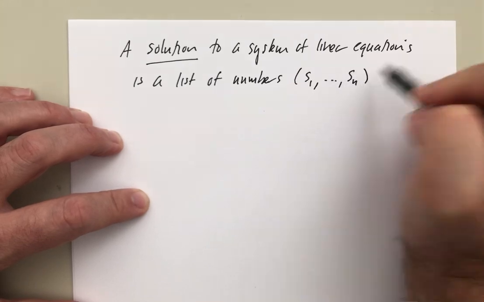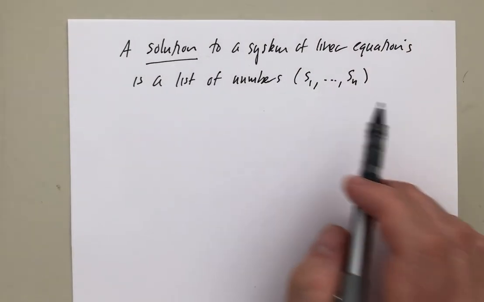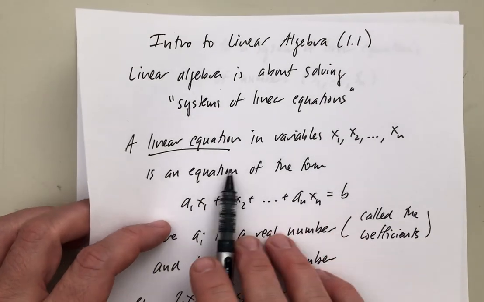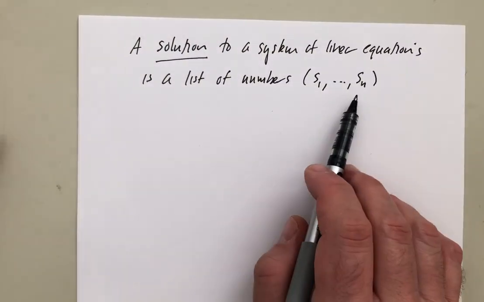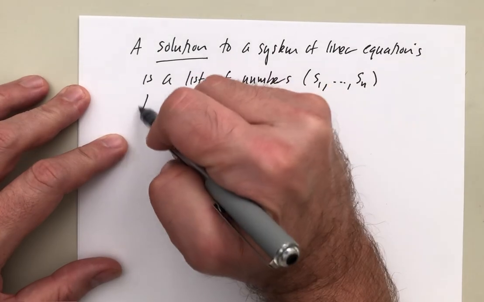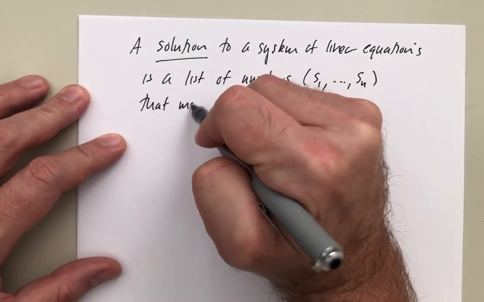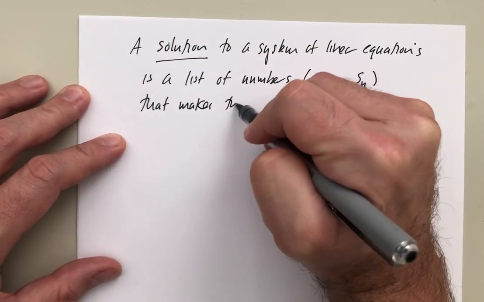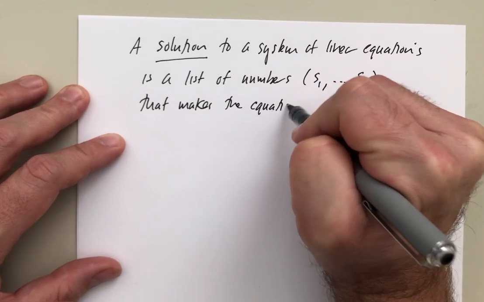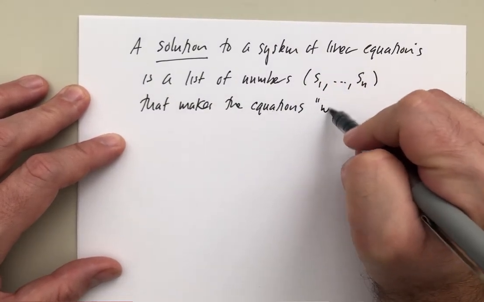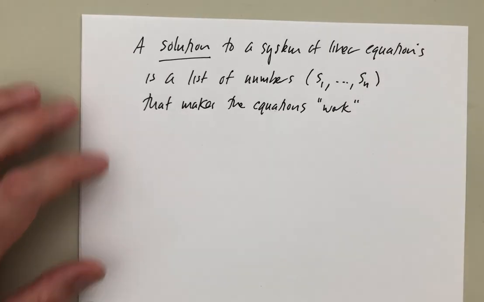You're going to have one for each variable. Remember, when I defined my linear equation, I had n variables, and so a solution will be a list of n numbers, and the idea is that those numbers should make the equations work. So when you plug in, they should be satisfied.